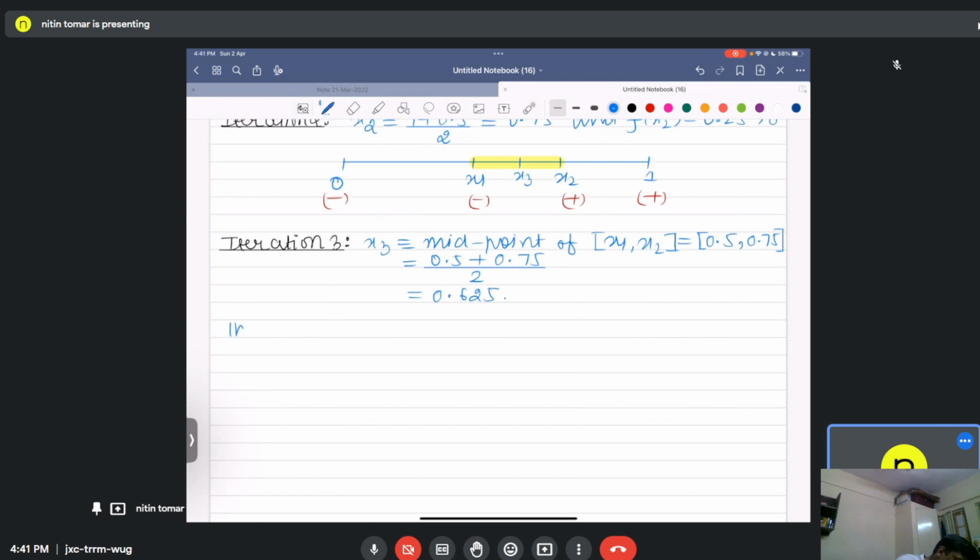So in fact, the exact value of the root r is approximately equal to 0.636733. This is the true value of root r.